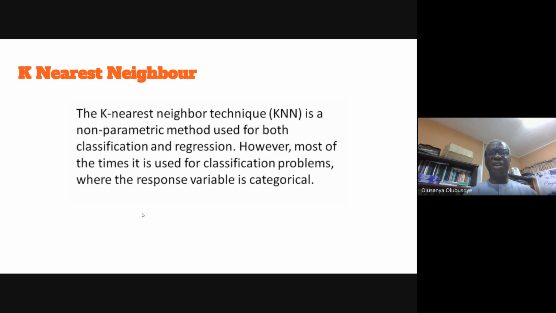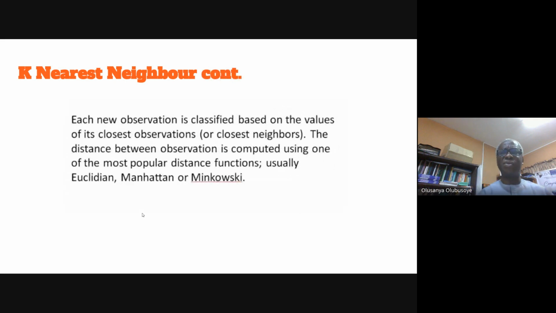When you are predicting groups, categories, then you are talking of a classification problem. So the idea is to predict a new observation and say, okay, it will belong to this.